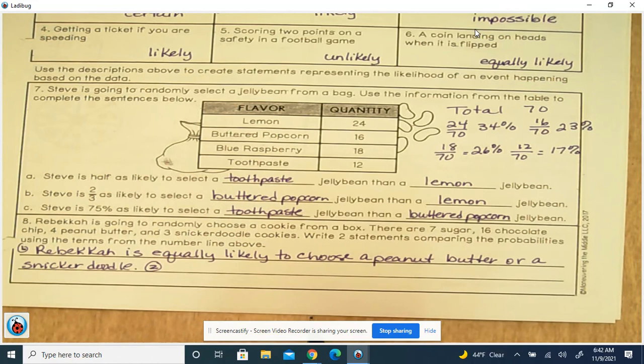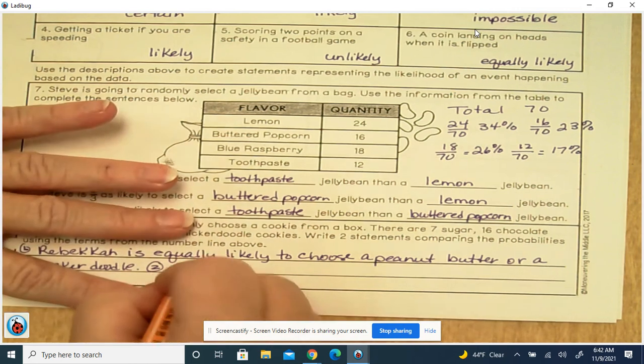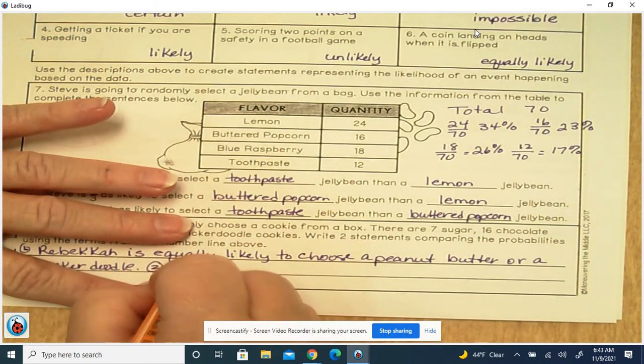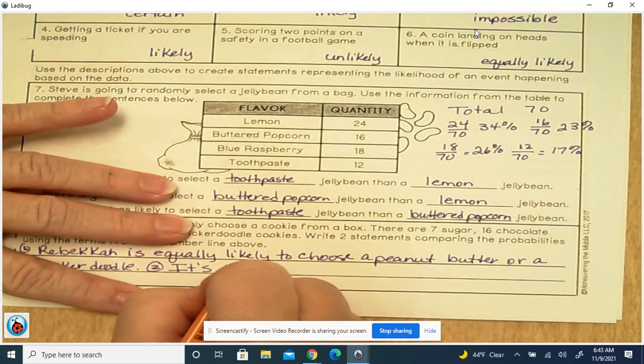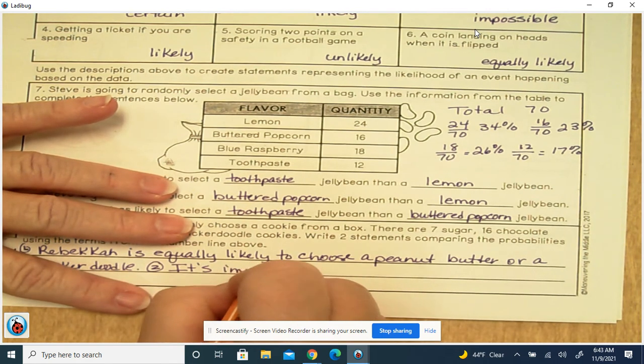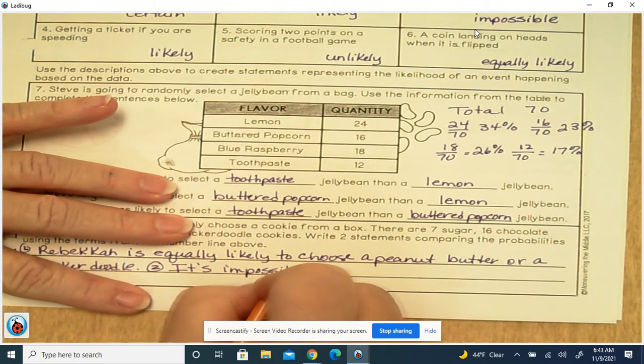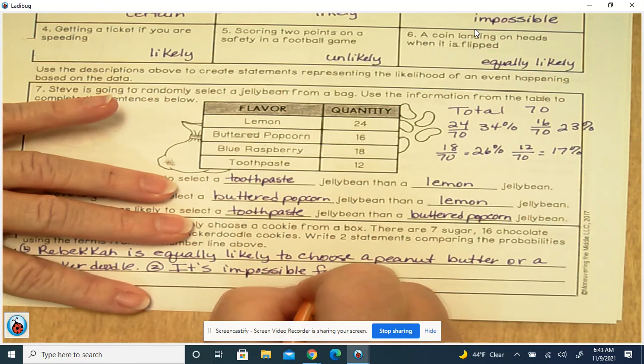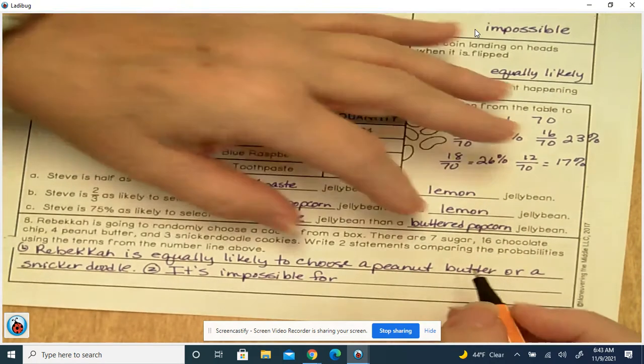And the second one, it's impossible for Rebecca to choose an oatmeal. Why? Because there's not any oatmeal.